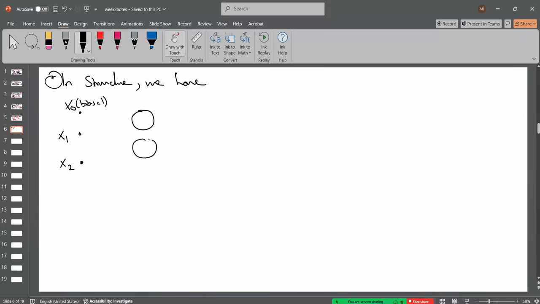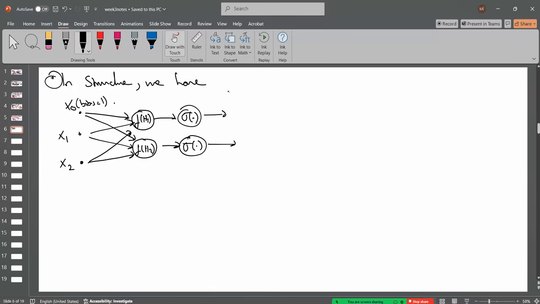This is the 1 neuron, this is the other neuron, and we can connect these terms. This is the function h1, this is the function h2, which defines the hyperplane, and after that the sigmoid function is applied, and we can generate the 1 and 0 output here. This is just like binary coding, right?